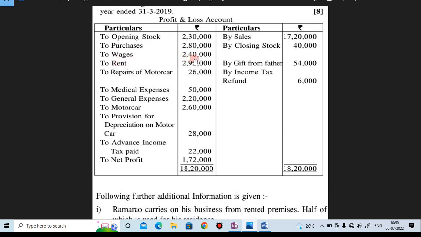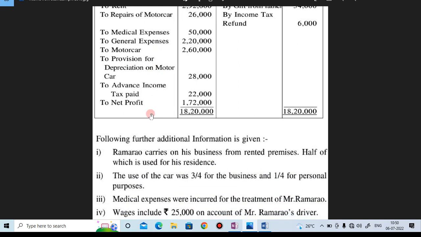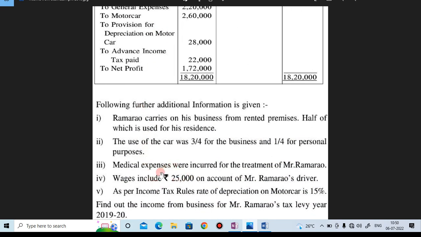Total wages are 2,40,000, which includes 25,000 given to Ram Rao's personal driver. Next, as per income tax rule, the rate of depreciation on motor car is 15%.